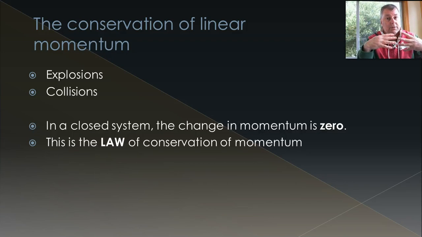Now, in the real world, explosions and collisions are never that simple, and therefore we mostly could not model them as closed systems because things are lost. We can't keep track of all the mass, and we can't measure the velocity accurately. But because we're using a simple closed system, the change in momentum is zero.